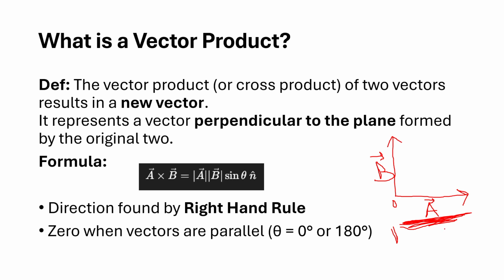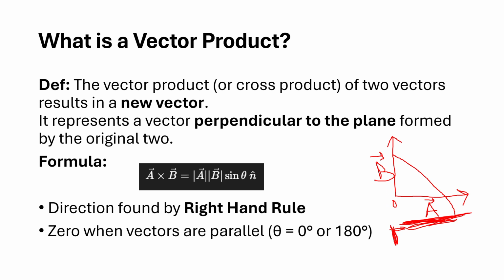So once again, I'm telling you how to apply that. Place our right hand over there. This is your thumb, and these are the fingers, for example. Now curl your fingers from A to B and close them.